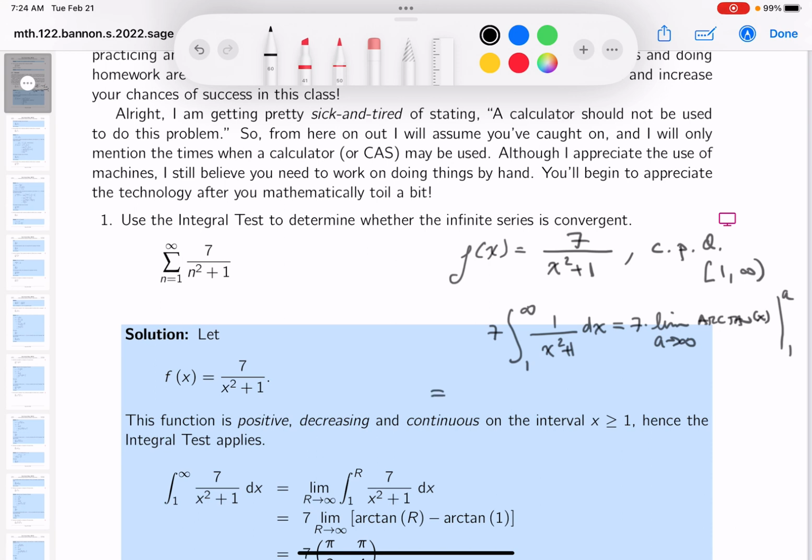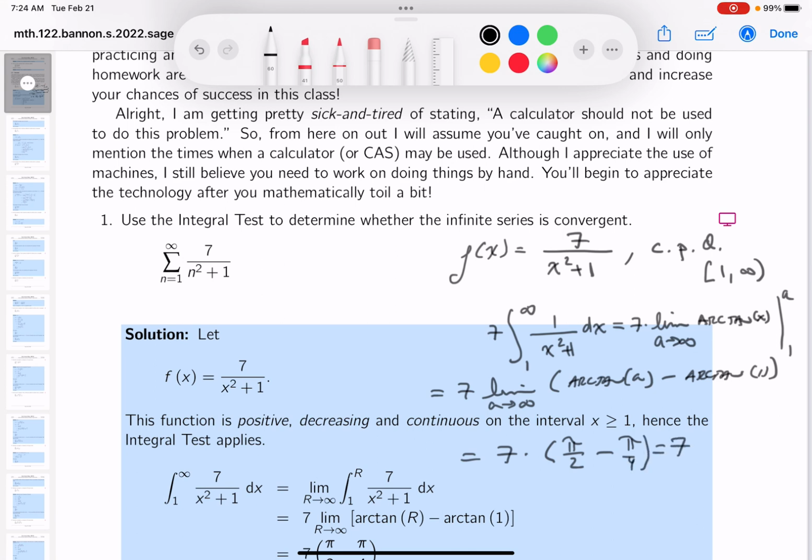Let's write this down. It's going to be 7 times the limit as a goes to infinity of arctan of a minus the arctan of 1. And what do you get there? As a goes towards infinity, the arctangent would be pi over 2, and the arctan of 1 is pi over 4.